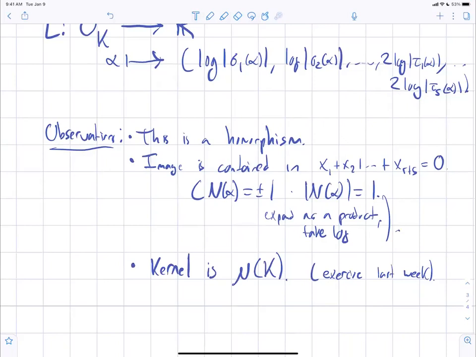But that's exactly what it means to be in the kernel of this map. If you're in the kernel, that means the log of every absolute value, for any embedding, is equal to 0. So you map to the 0 vector here. But log being 0 means absolute value equal to 1.